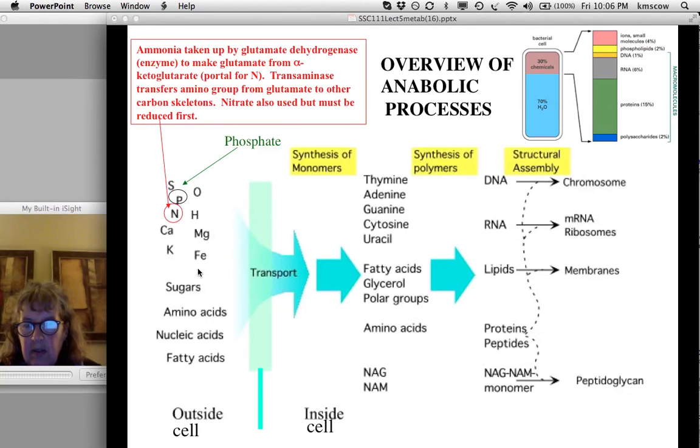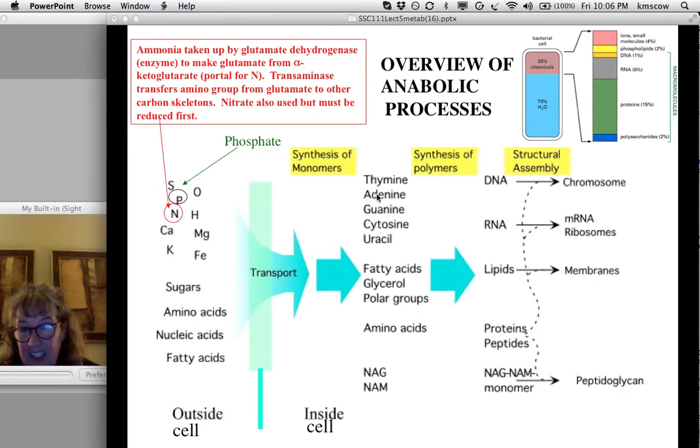It's just kinds of organic compounds floating outside, and they're going to be transported or diffuse into the cell. And what you're going to have first made up are these monomers, these monomeric compounds, these building blocks like thymine, adenine. Do these look familiar?